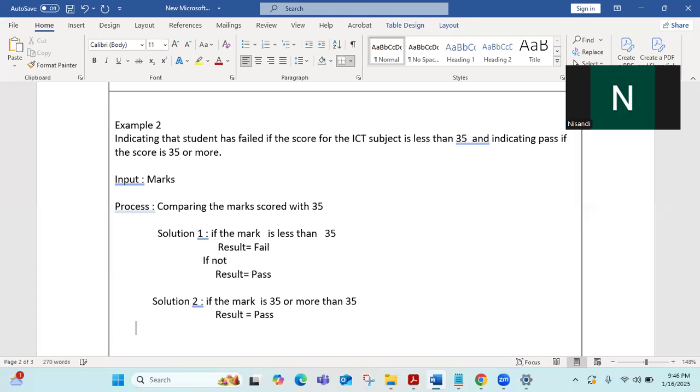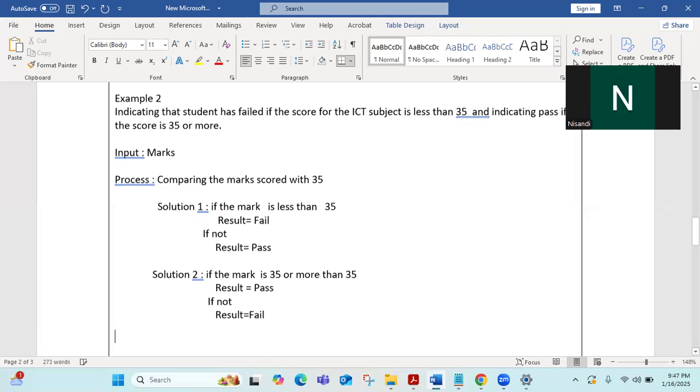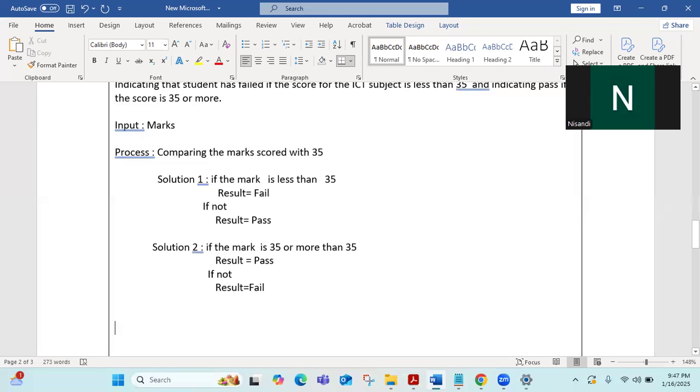If not, we can say result is fail. Clear? Yes, sir. What is the difference between these two solutions?